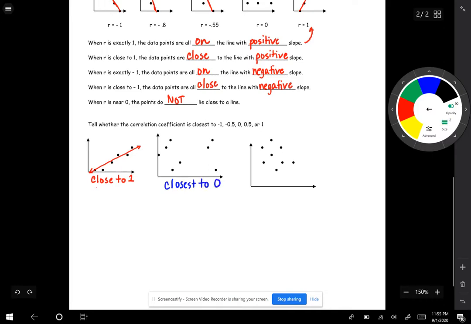And lastly, this particular one, it definitely does not have a positive slope because these points are too far away from the line if we were to draw a line like that. So you kind of have to look and determine how you're going to sketch the line. So for this particular one, we could make something like this, and it's not that bad.